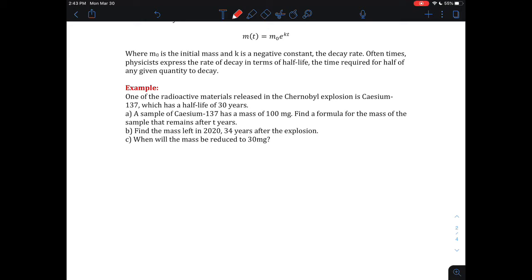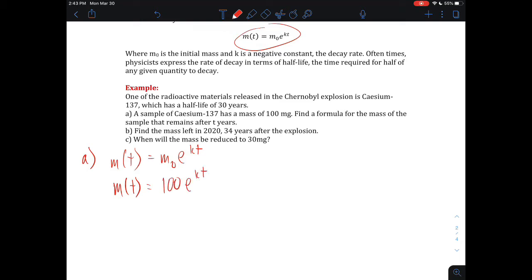So first of all, for Part A, we are going to use the equation that we have up above. So we can say m of t equals m sub 0 e to the kt. We already know that the initial amount in our sample is 100 milligrams, so we can just replace our initial amount with 100.